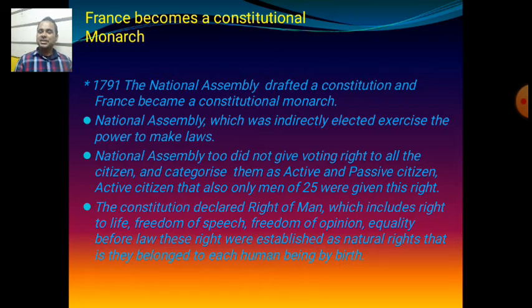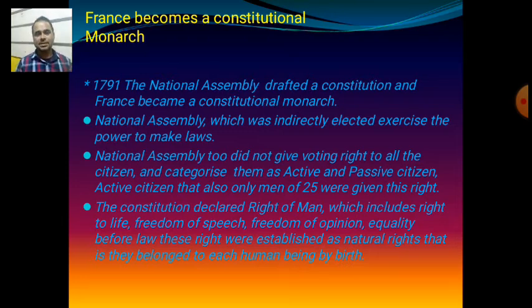Now the Constitution declared the rights of man, which include the right to life, freedom of speech, freedom of opinion, and equality before law. These rights were established as natural rights, that is, they belong to each human being by birth. Now what is the one big change we can see?